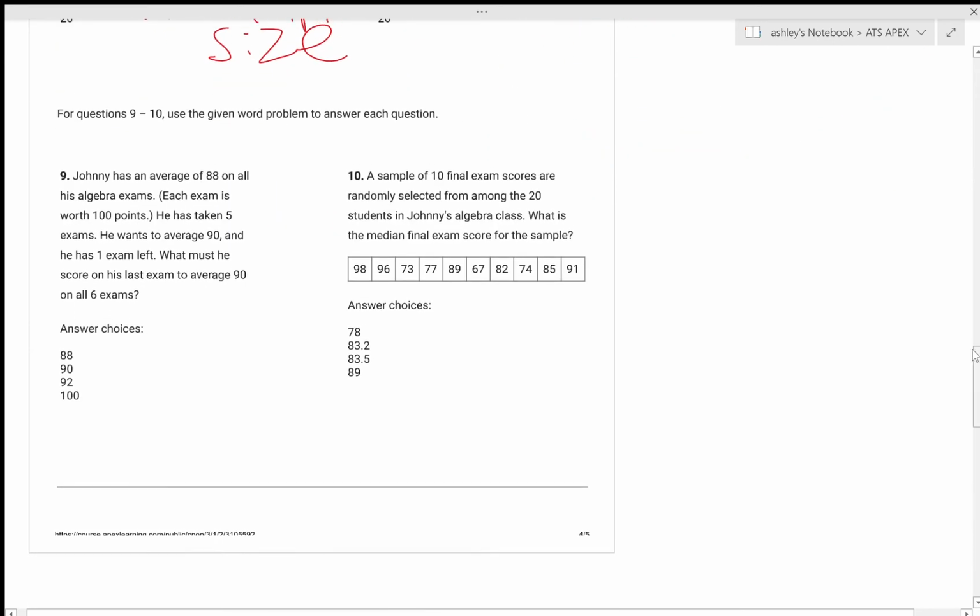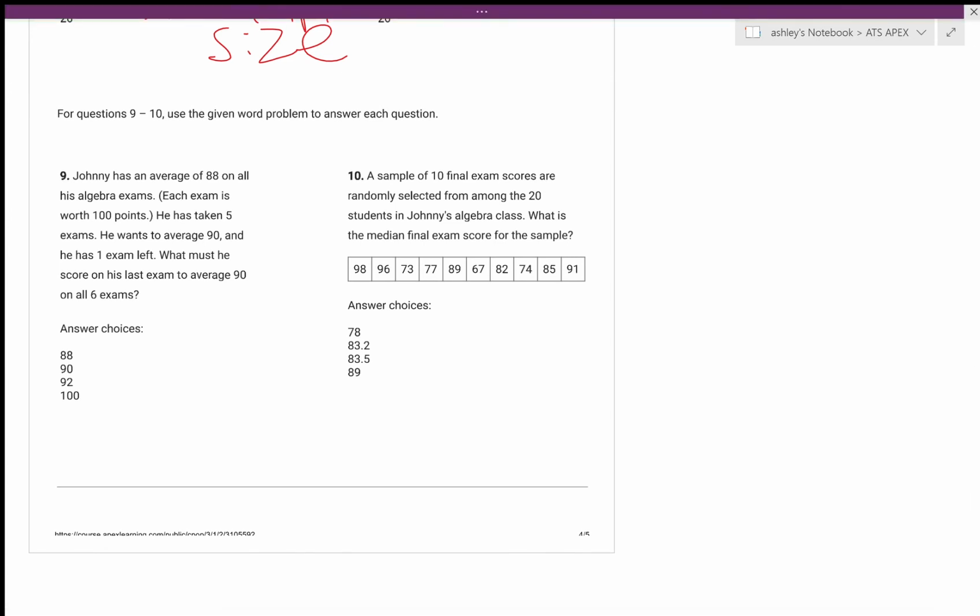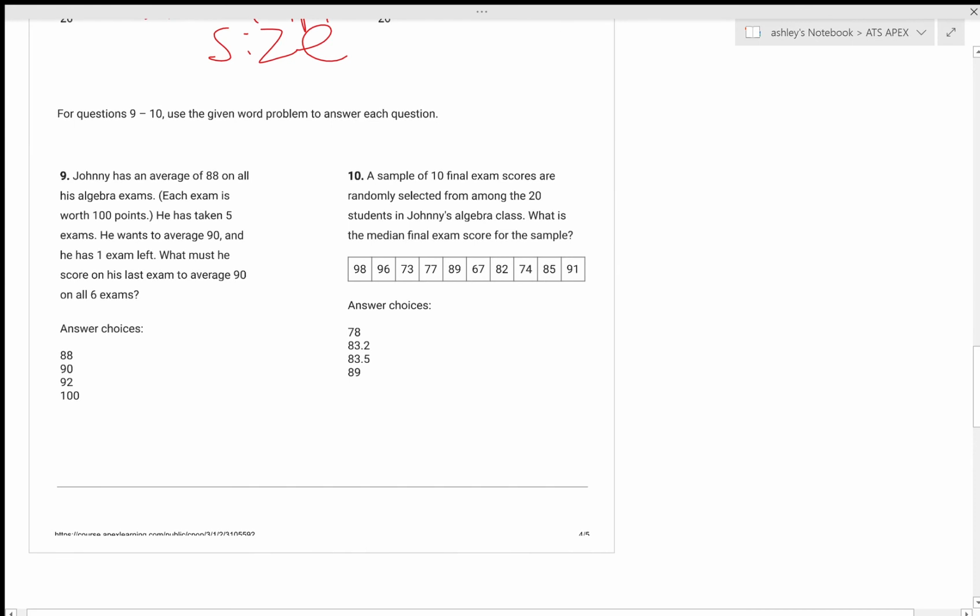And then our final bit are a couple of word problem type things, working with our data a little bit. Number 9 says Johnny has an average of 88 on all of his algebra quizzes, tests, exams, whatever. Each exam was worth 100 points.